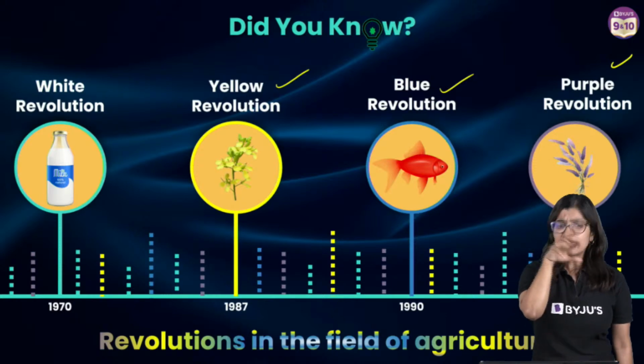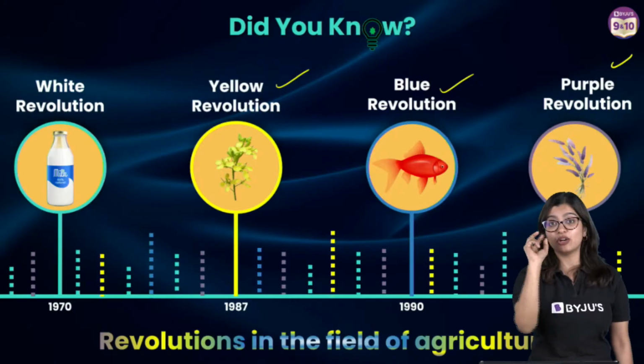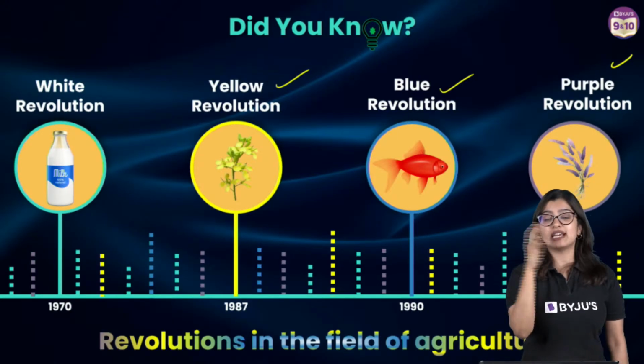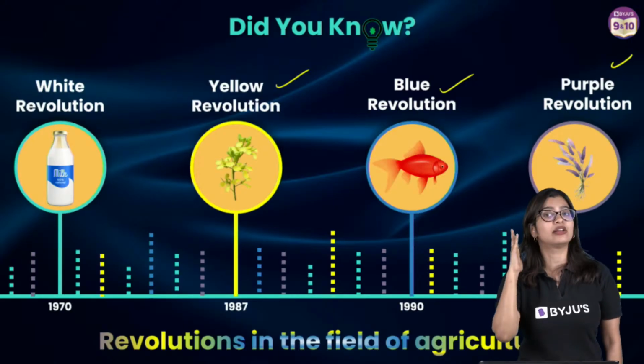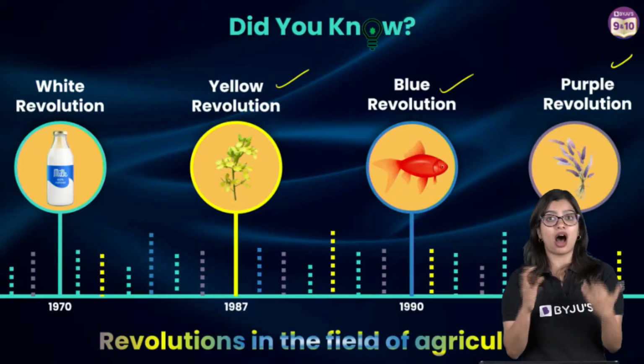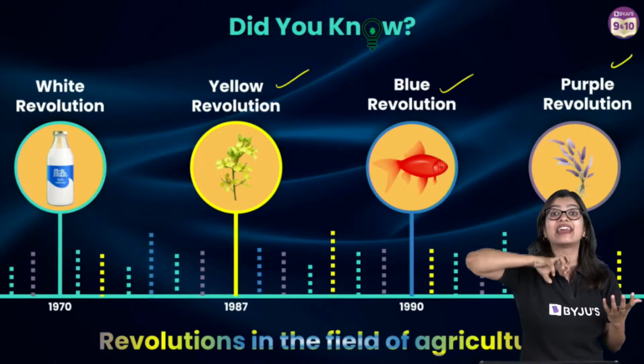right? Now, of course, we saw that in order to maximize this, hybrid varieties are preferred because they will be a hybrid of indigenous and exotic varieties. Indigenous variety is what we find in our country. Exotic is something that is found in other countries and is imported.